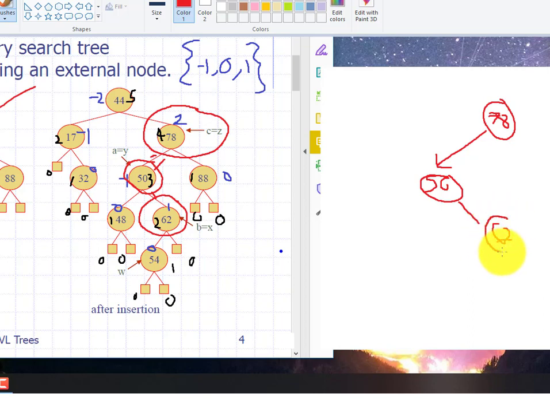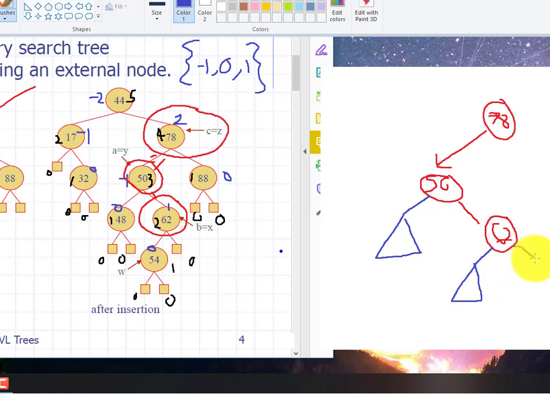And we notice that there may have been subtrees. Can you see this? These are all subtrees. There may have been subtrees associated with these nodes. That means 50 could have had a subtree here. 62 may have had a subtree here, as the left child.